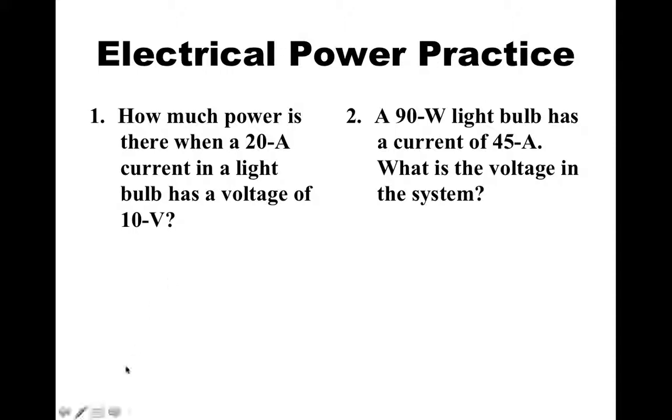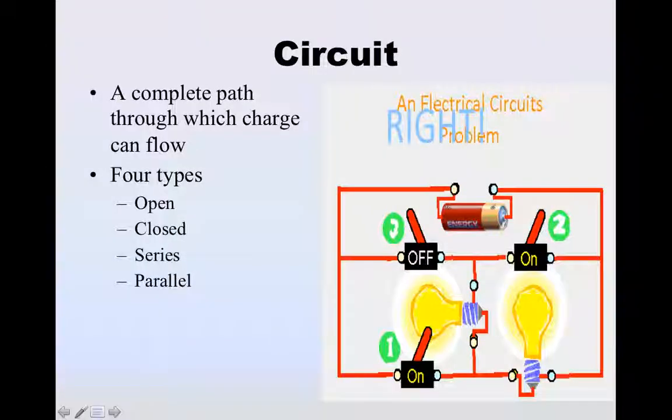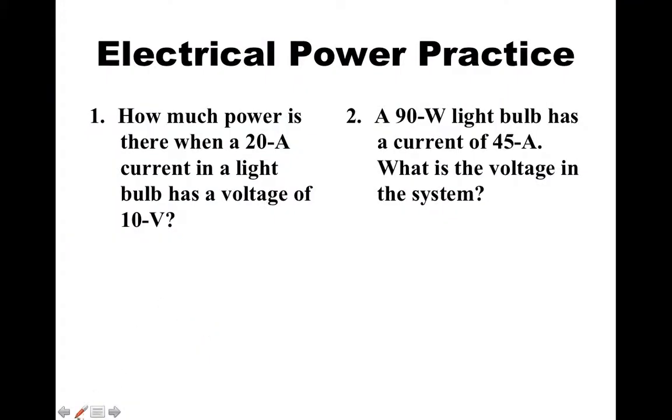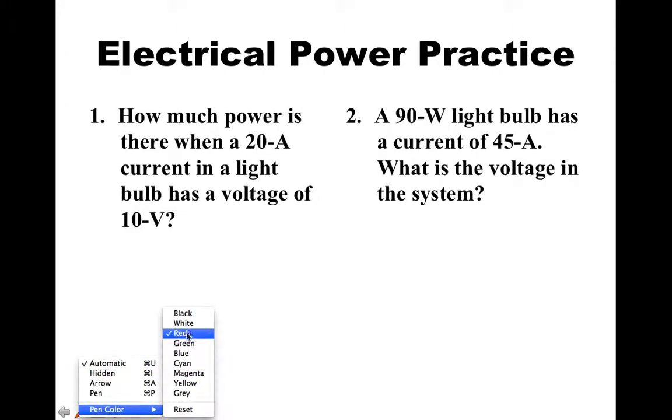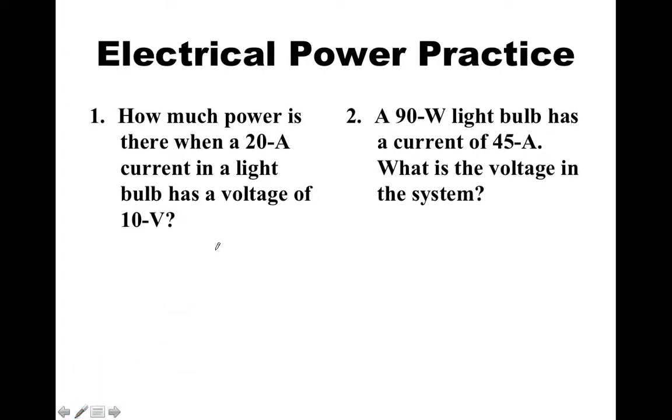So let's practice this, okay? So first of all, let me go back. Let me get my pen, and let's use green for this one. All right. So what I have right here, I want to know how much power there is when I have a 20 amp current that flows with a voltage of 10 volts.